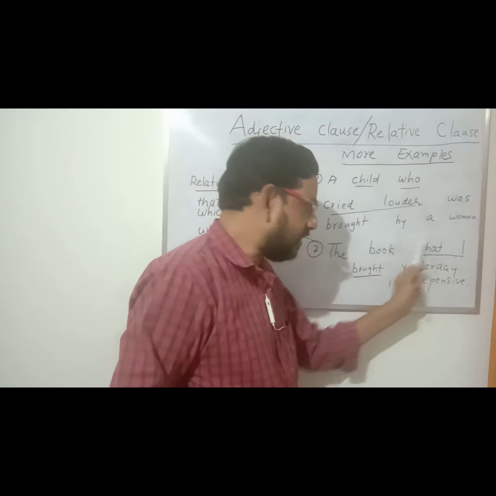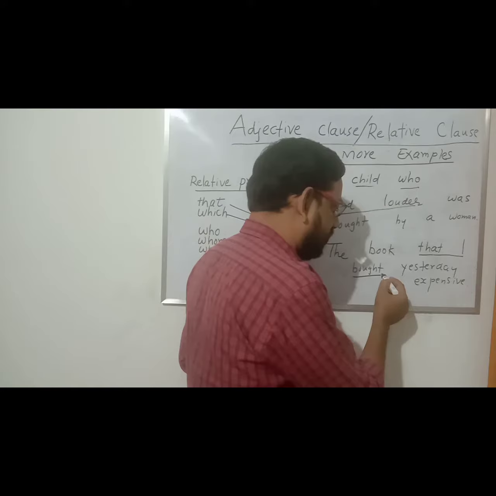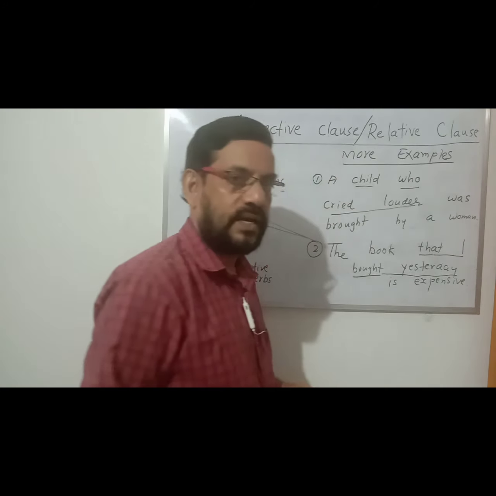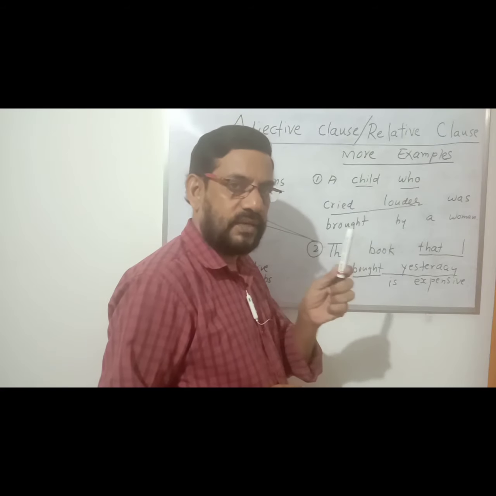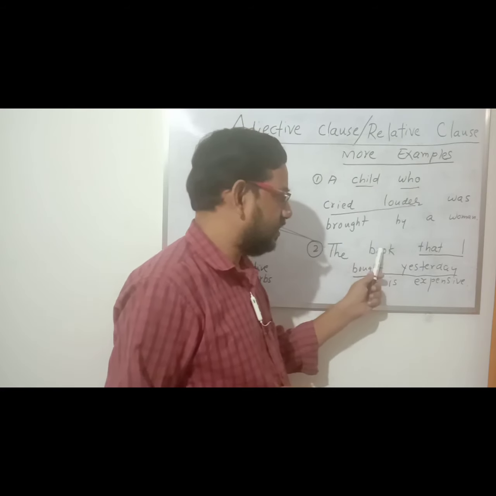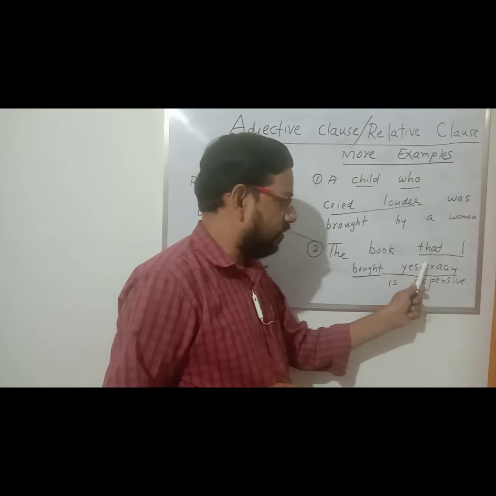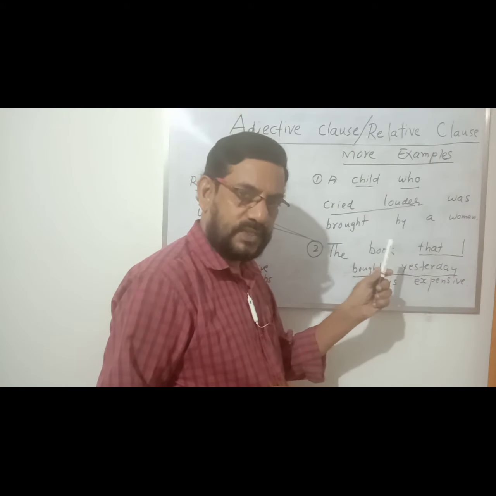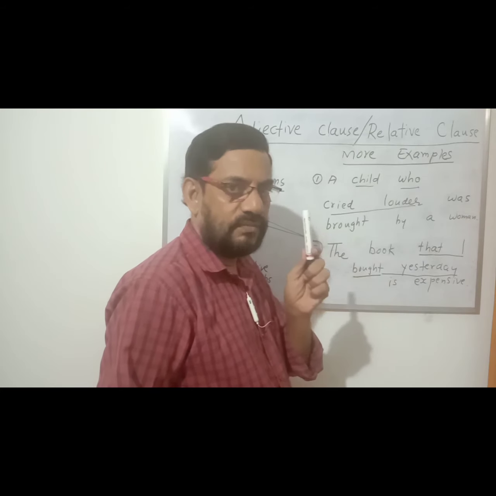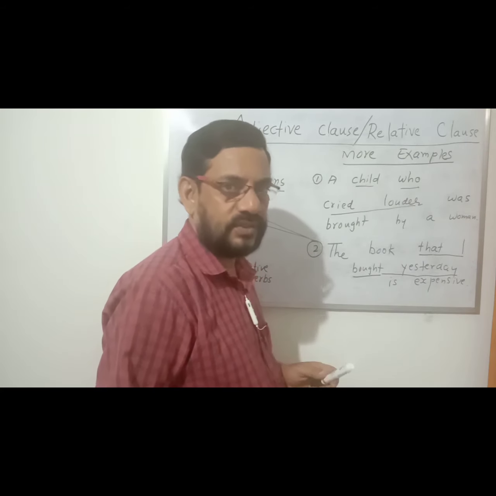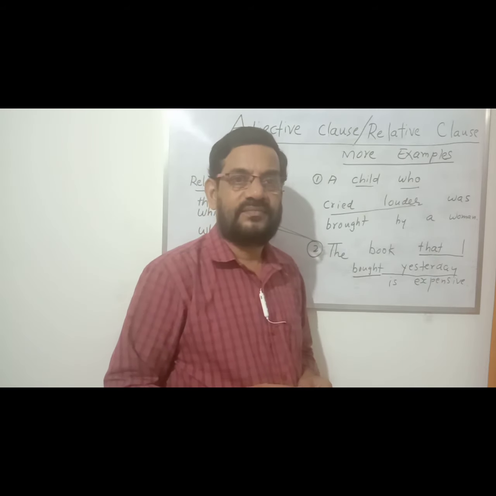Yesterday also can be included in this. That I bought yesterday is giving specification to this noun form, book. So a clause that gives specification on a noun or a pronoun, or modifies a noun or a pronoun, is an adjective clause.